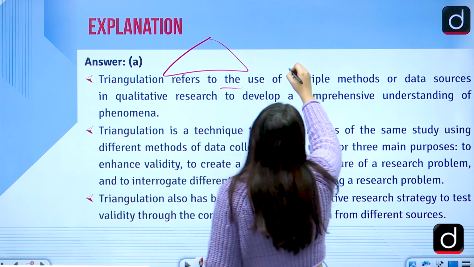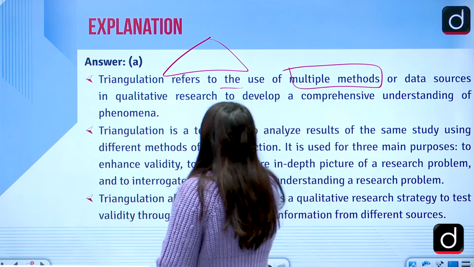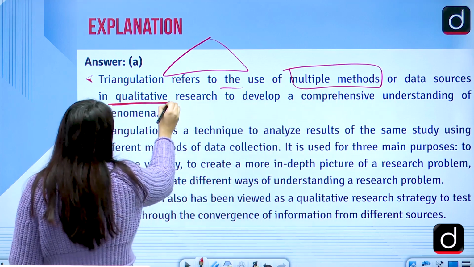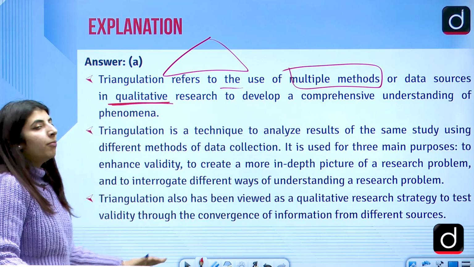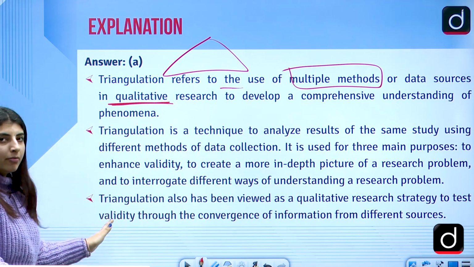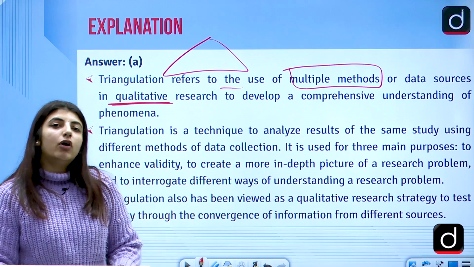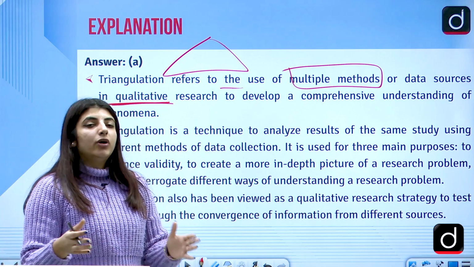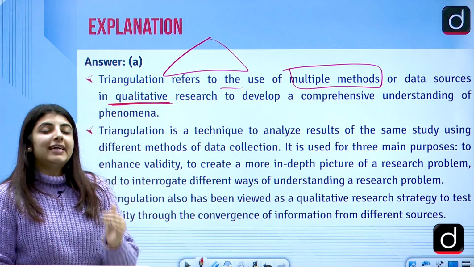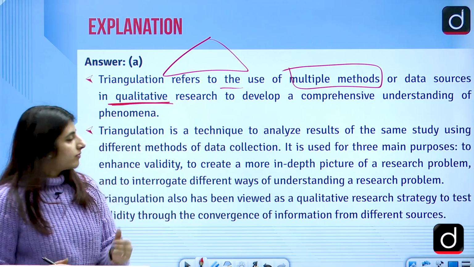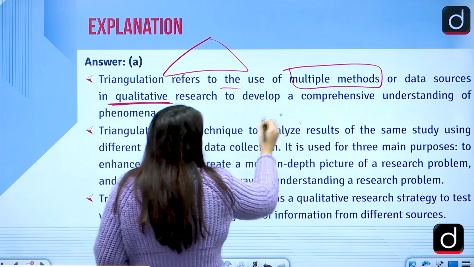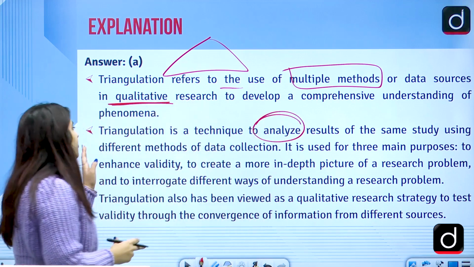The use of multiple methods or data sources in qualitative research to develop a comprehensive understanding of a phenomena. So if you are interpreting a book, you are also asking some other person to gather their data on the same book, their opinions, correct, to analyze results of the same study using different methods.